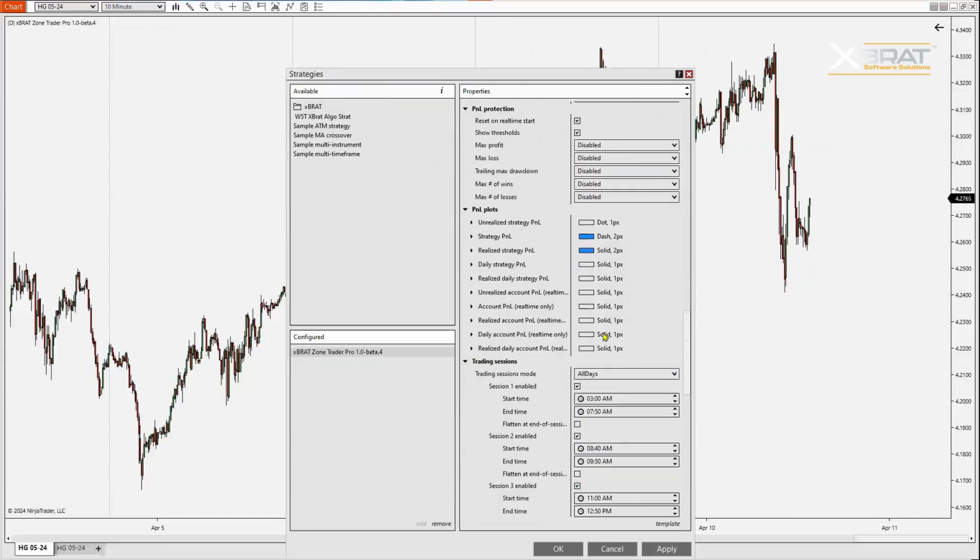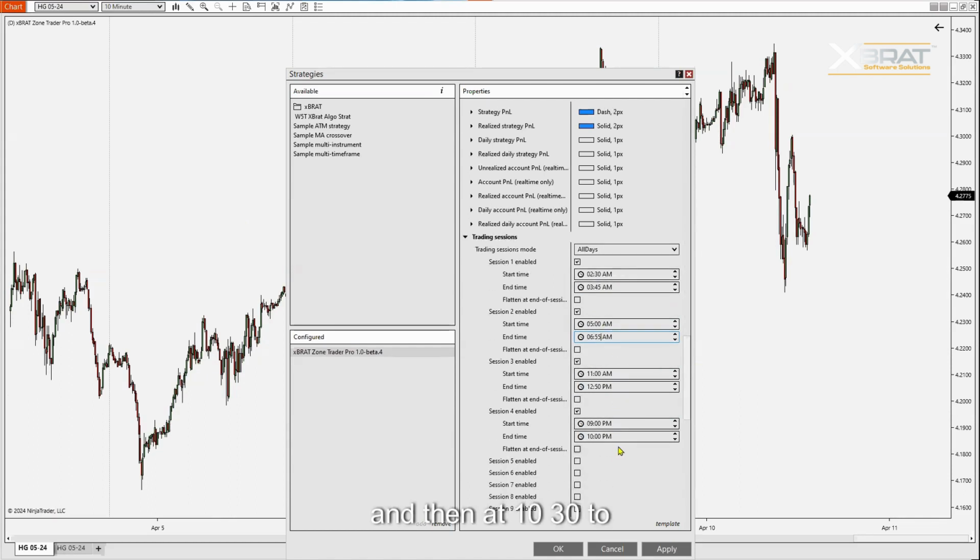All days, 2:30 a.m. to 3:45 a.m., 5 a.m. to 6:55, and then a 10:30 to 1:30.